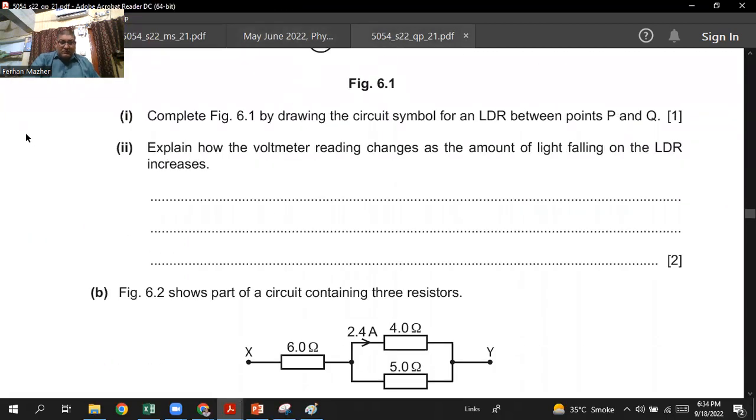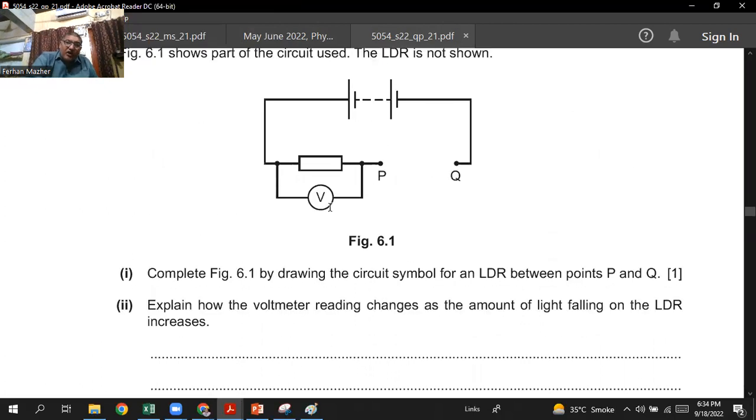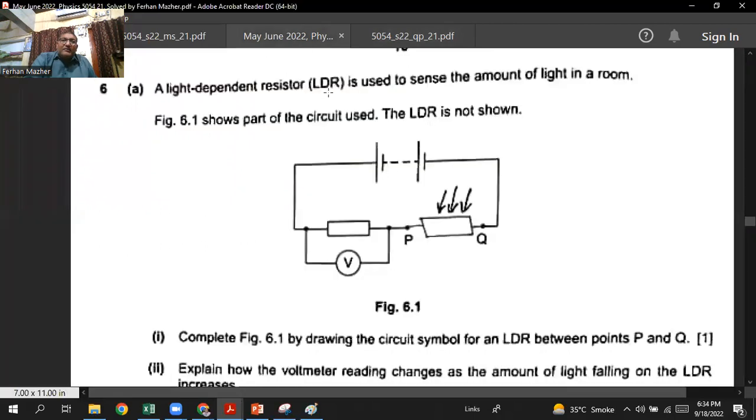Okay, then the second part: explain how the voltmeter reading changes as the amount of light falling on the LDR increases. They are talking about how the reading on the voltmeter will change. So here you have the LDR. When the light on the LDR increases, the resistance of the LDR will decrease.